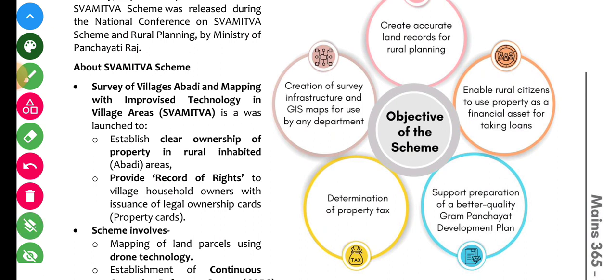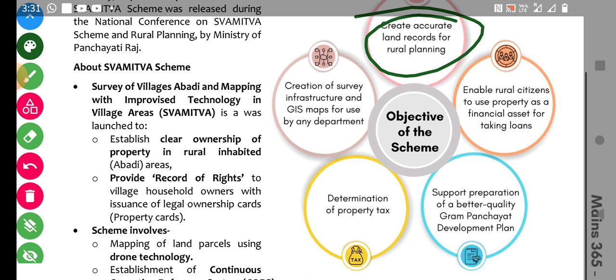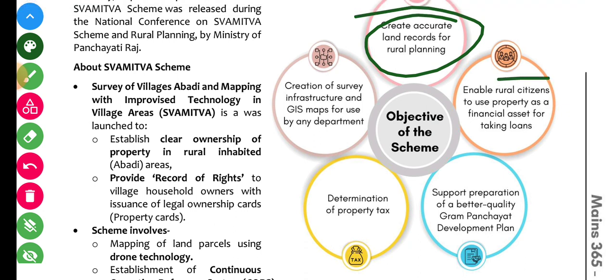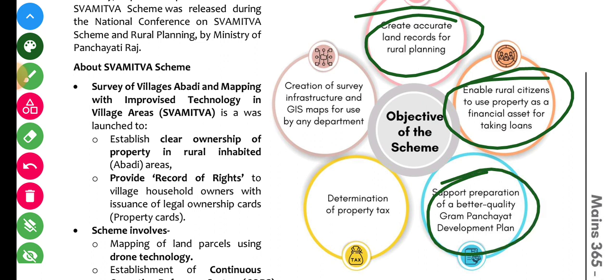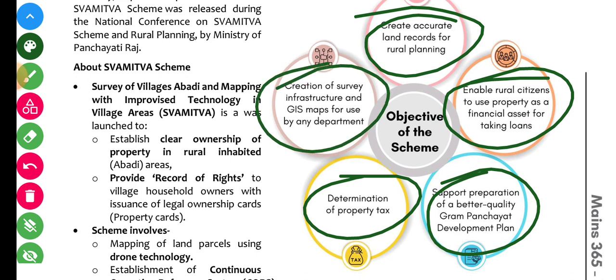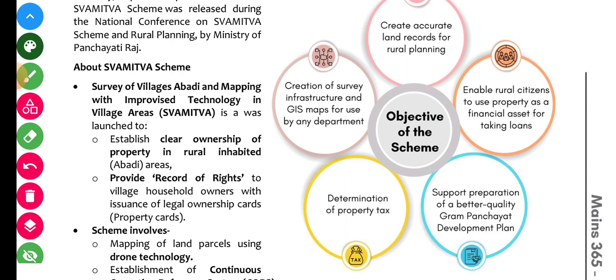First, create accurate land records for rural planning and enable rural citizens to use property as a financial asset for taking loans, and support preparation of a better quality Gram Panchayat development plan and determination of property tax, creation of survey infrastructure and GIS maps for use by any department. So these are some objectives of the scheme.